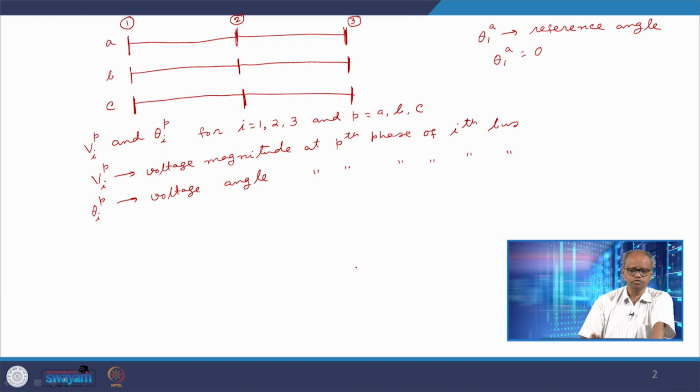But for the voltage magnitudes, we are essentially measuring them with respect to ground, so ground is the reference. Therefore, I do not have to take any reference among the voltage magnitudes of the system.